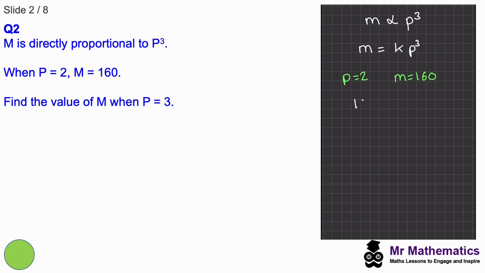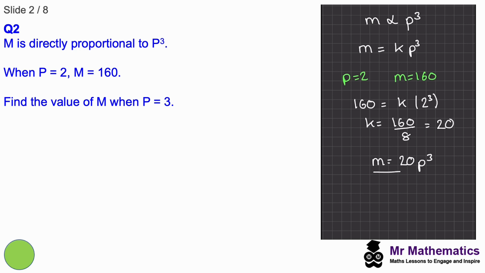So m, 160, is equal to k multiplied by 2 to the power of 3. So k is equal to 160 divided by 8, which is 20. So now we can put this 20 in place of k. This will give us m is equal to 20 p cubed.